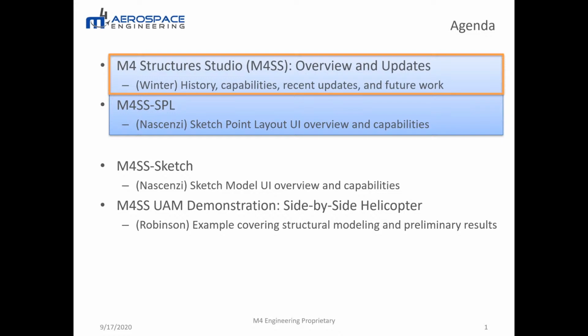After that, Thomas Nishinzi will discuss some new, exciting updates for the tool, which we're calling our Sketchpoint layout tool inside of Structure Studio. And then in the second hour, Thomas will continue to give an overview of our sketch model UI capabilities. And then lastly, Joe Robinson will finish up with a UAM demonstration of a side-by-side helicopter.